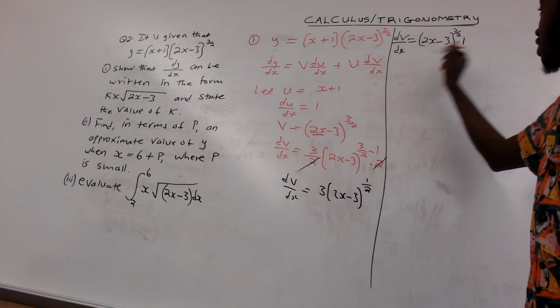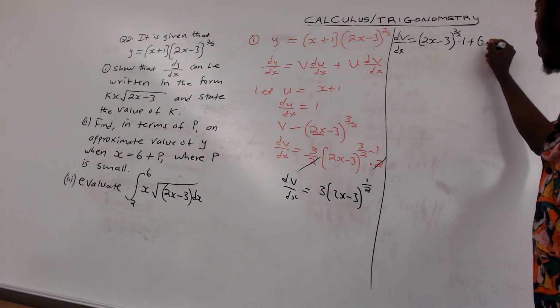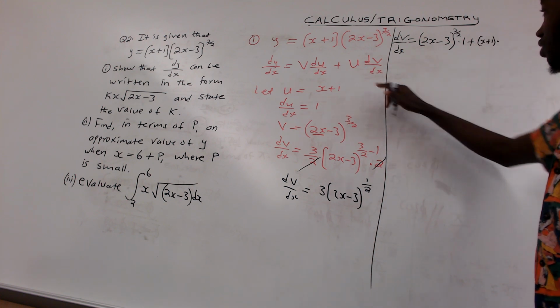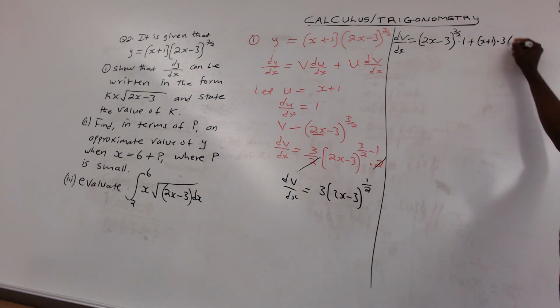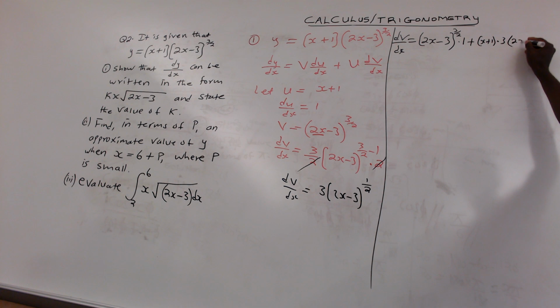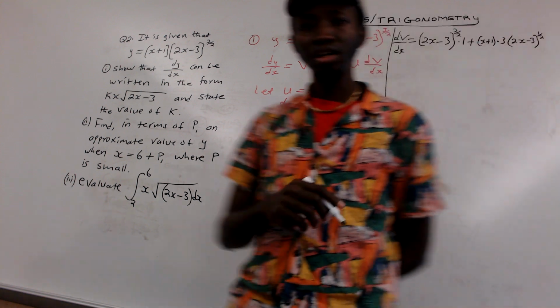Plus u, which is x plus 1, times dv dx, which is 3 into 2x minus 3 raised to power half. This is what we have.